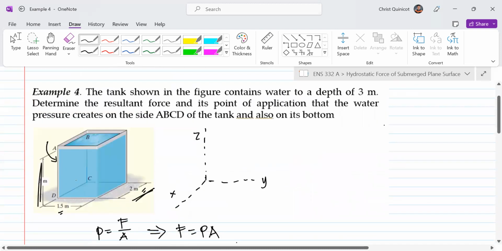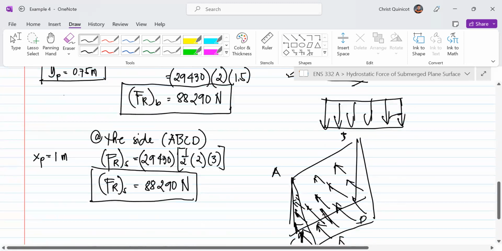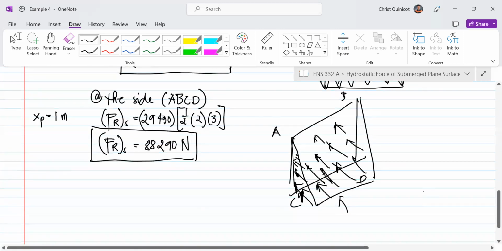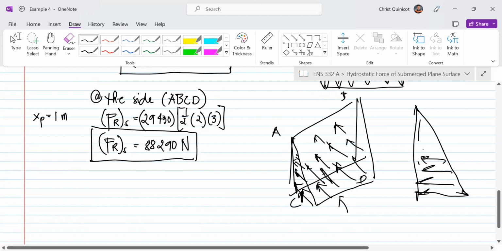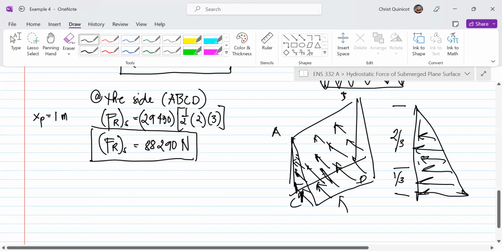And then we know that the pressure here creates a triangular loading. If we view it sideways, it will look like this one. So we have either from the bottom, that is 1/3, and from the top, that is 2/3.